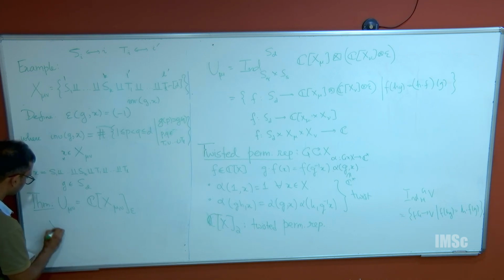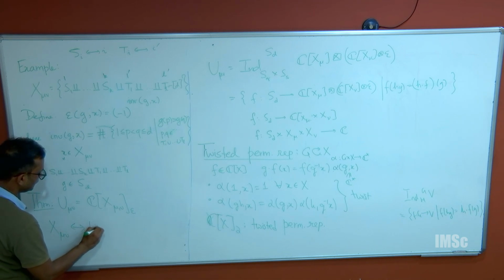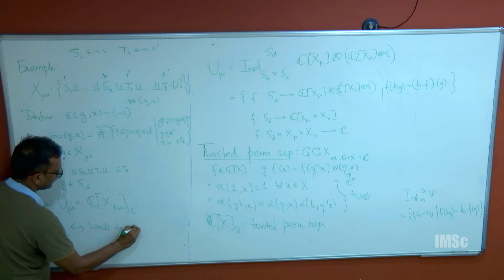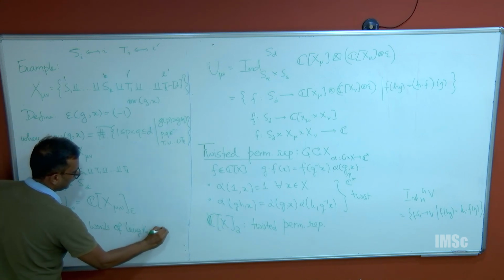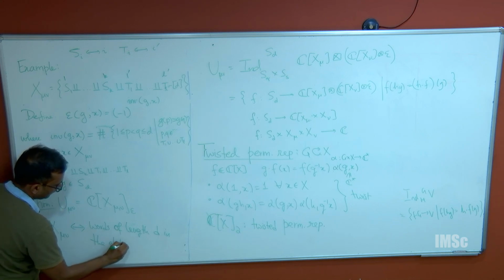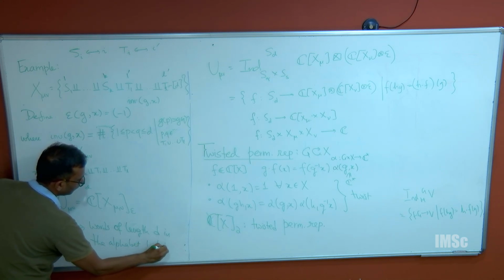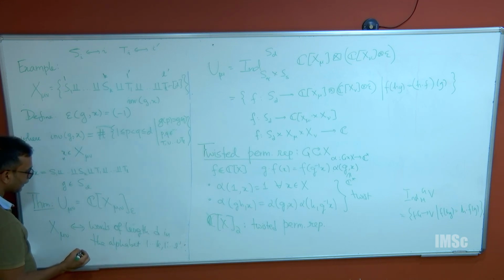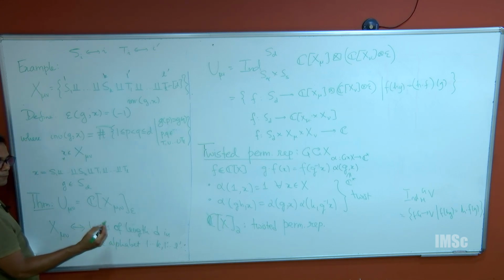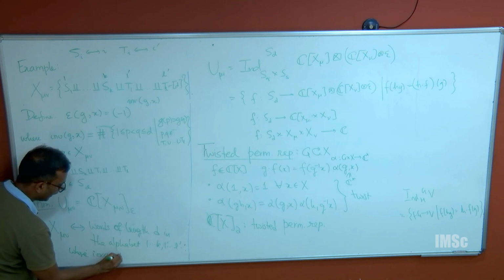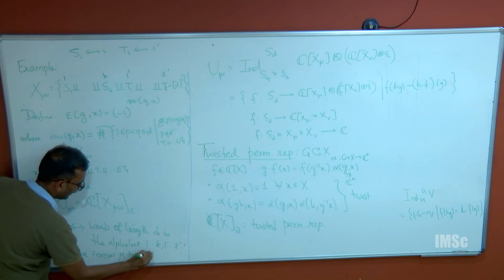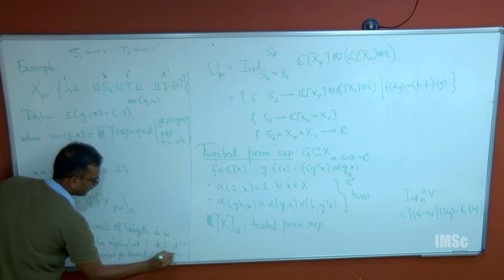X mu nu is in bijection with words of length d in the alphabet 1 to k, 1 prime to L prime, and the condition is just that the letter i occurs mu i times and the letter i prime occurs nu i times.